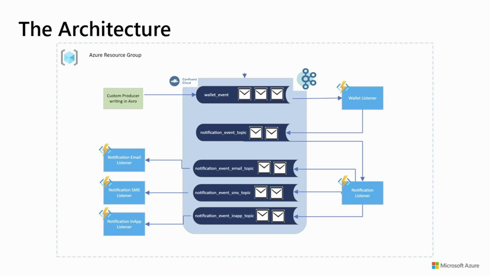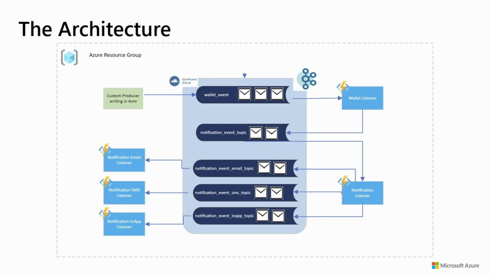Another thing to note is that the wallet listener initiates headers which carry a mode of communication, whether it's email, SMS, or an app. So the deserialized data and headers are sent as messages to the notification event topic using the function's output binding, which allows an Azure function app to write messages to a Kafka topic.